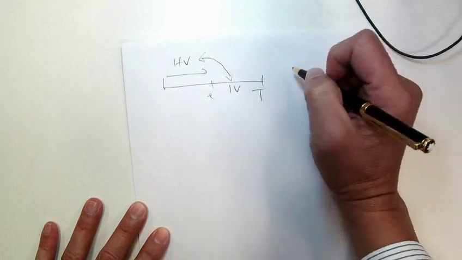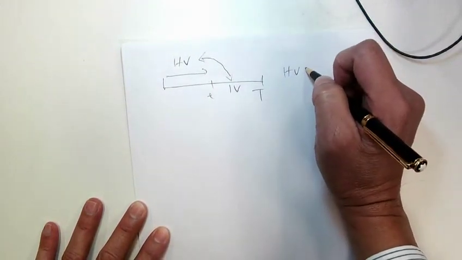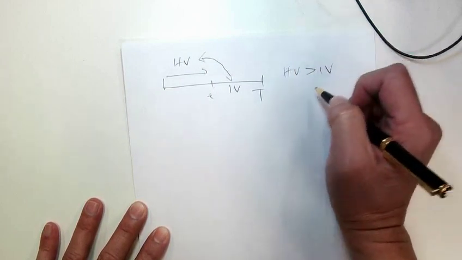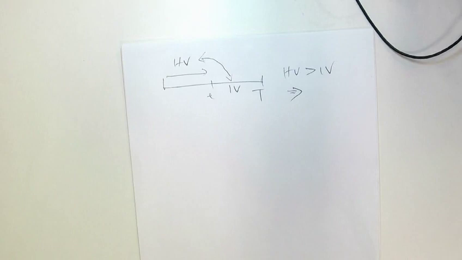So if your historical volatility is, let's say, greater than implied volatility, what does this imply to you? What does that mean? So you think that the implied volatility in the market is too low in this case, right?